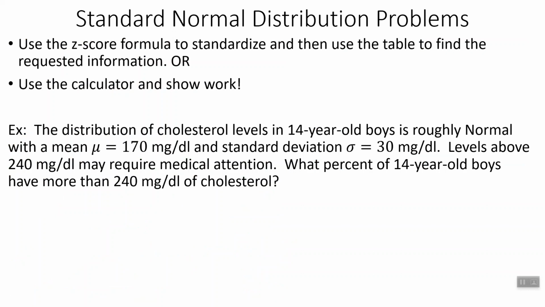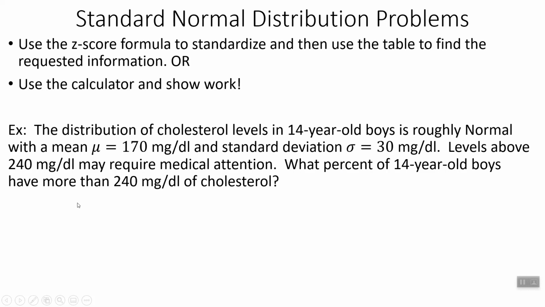All right, last one here, I think. Use the z-score formula or standardize and then use the table, or use the calculator. Again, we can just use the calculator here. The distribution of cholesterol levels in 14-year-old boys is roughly normal with a mean of 170 milligrams per deciliter and a standard deviation of 30 milligrams per deciliter. Levels above 240 may require medical attention.